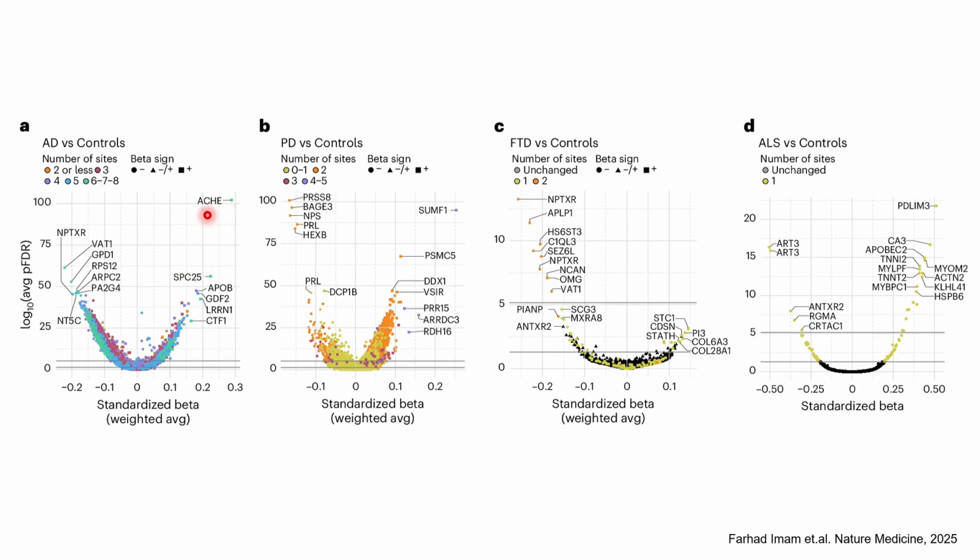If you are aware of neurodegeneration, you know better than me. In Alzheimer's it is acetylcholinesterase, and these are the list of genes which are up, and the same case upregulated in Parkinson's. Interestingly there is nothing upregulated in frontotemporal dementia, it's downregulated, and yes, in lateral sclerosis.